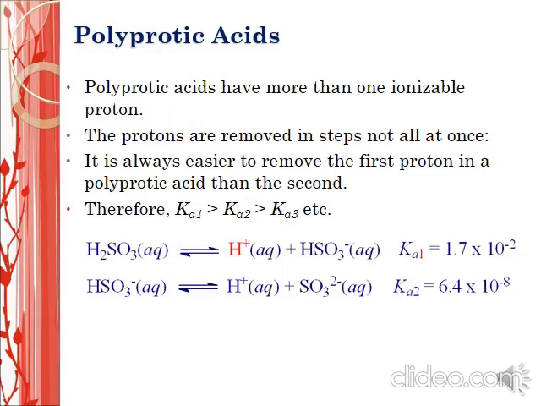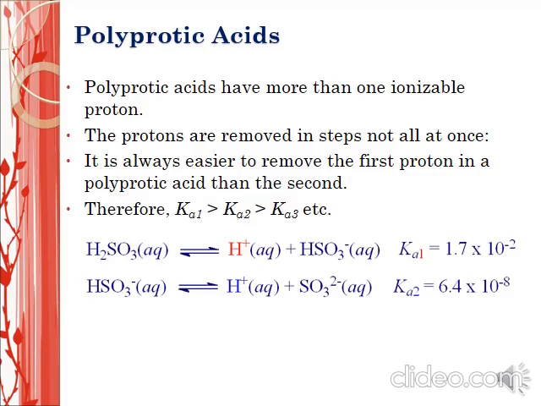Moving on next is polyprotic acid. Poly means more than one. So when it's more than one, it means it has more than one ionizable proton.